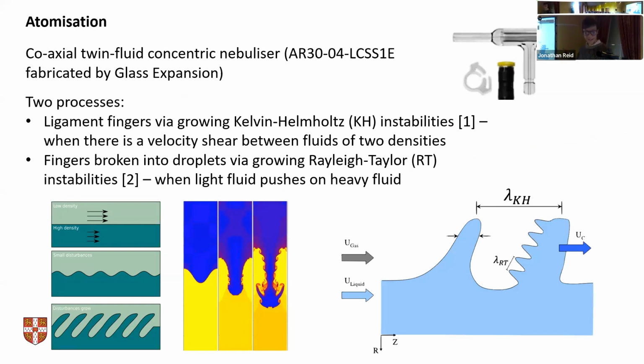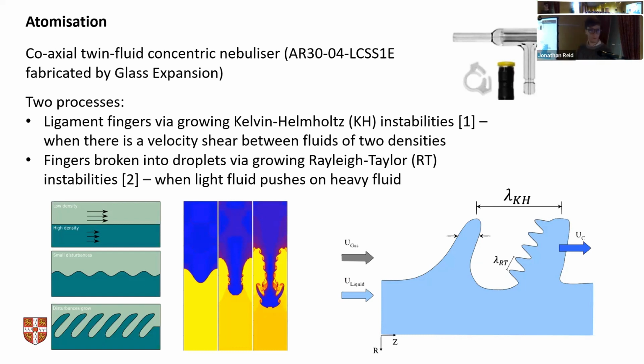The way that this particular atomizer forms droplets is through two processes, instabilities that grow, that then form droplets out of it. The first instability is a Kelvin-Helmholtz instability that I depicted in this graph here. Basically, ligaments, fingers, grow via Kelvin-Helmholtz instabilities when there is a velocity shear between two fluids of two different densities.